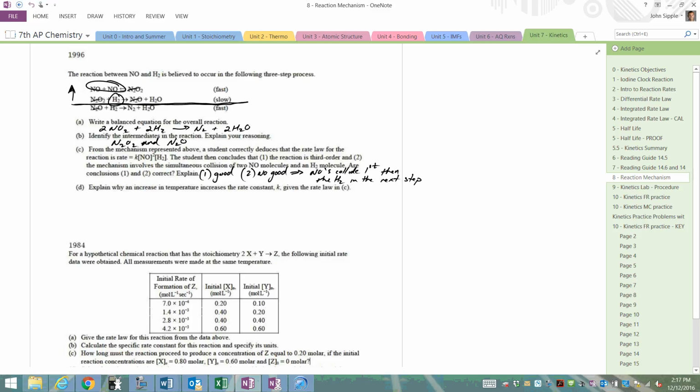Part D: explain why an increase in temperature increases the rate constant K. So why does an increase in temperature increase rate? More collisions, yep. And you can even argue that the kinetic energy of the molecules is higher.